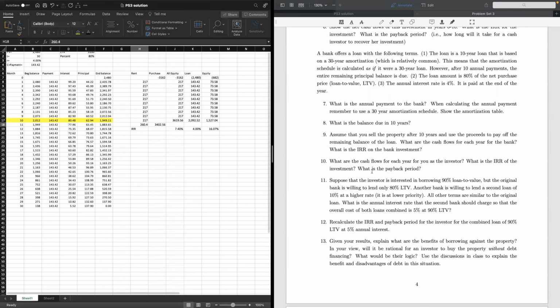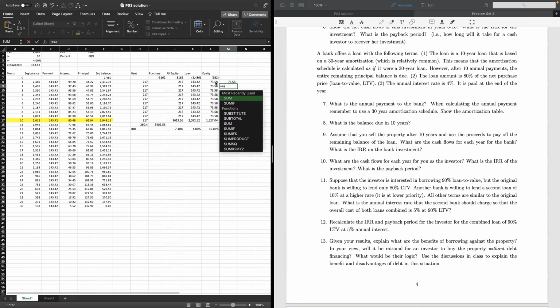And let's see what the payback period is. Payback period is just the cumulative cash flow until the first year that you get your investment back.